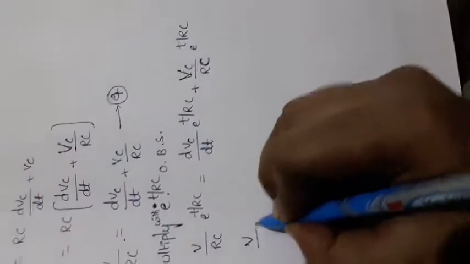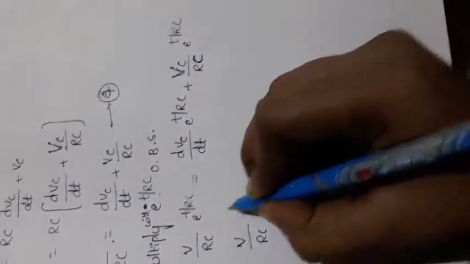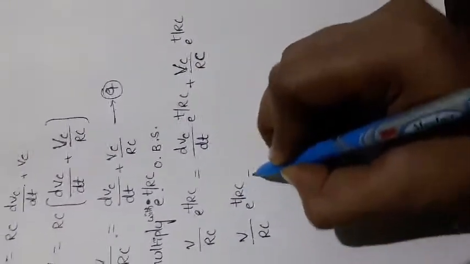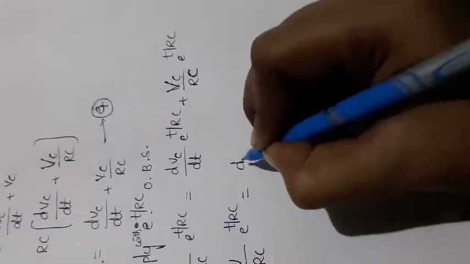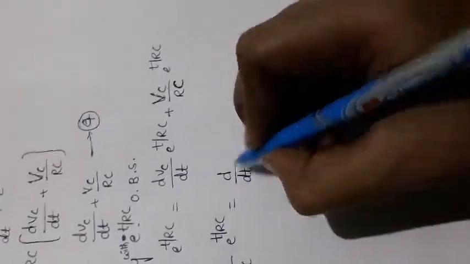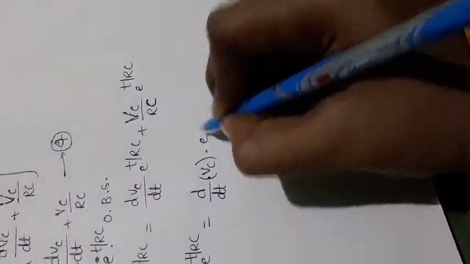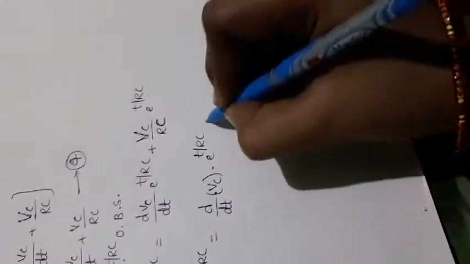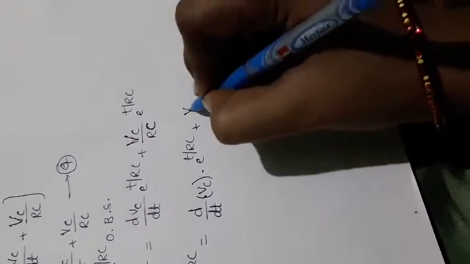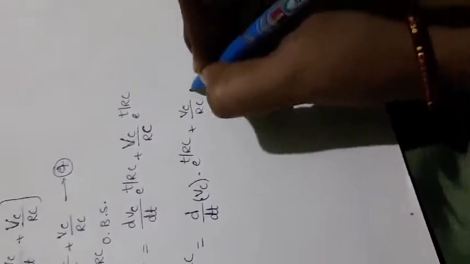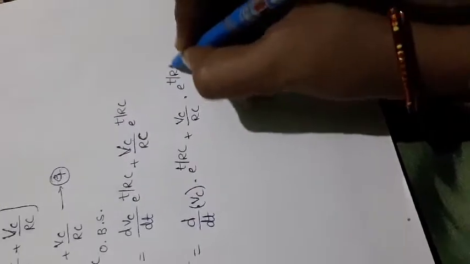Just observe one thing: I can rewrite this equation as d by dt of Vc into e power t by Rc plus Vc by Rc into e power t by Rc.